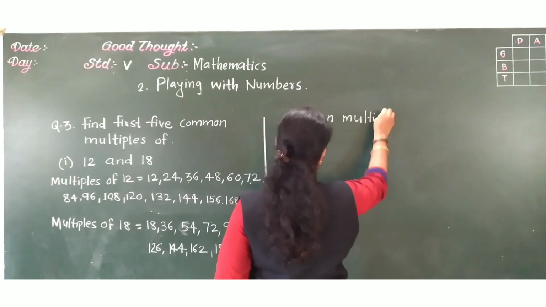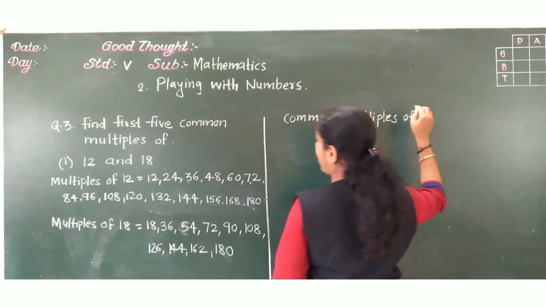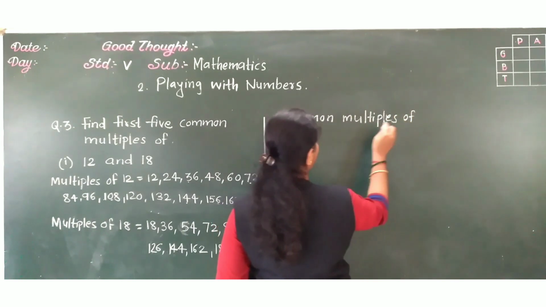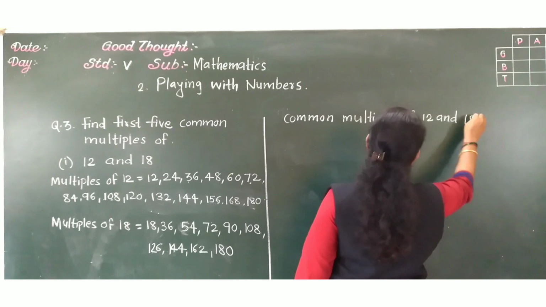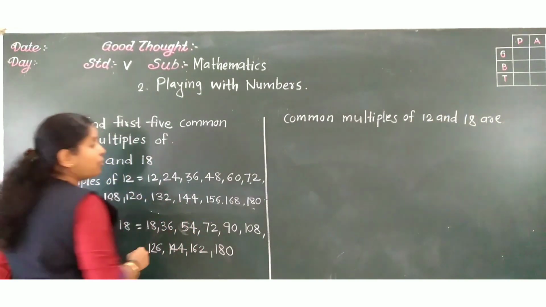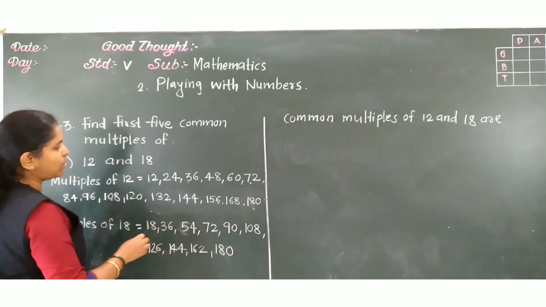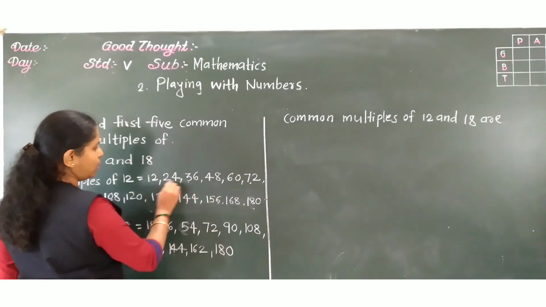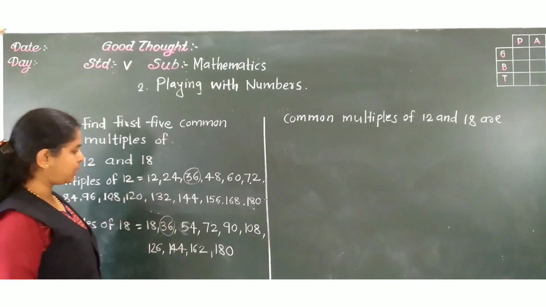First 5 common multiples of 12 and 18 are... Which are the common multiples? Means which numbers are in both the tables, which number comes here. 12 3s are 36, 18 2s are 36.